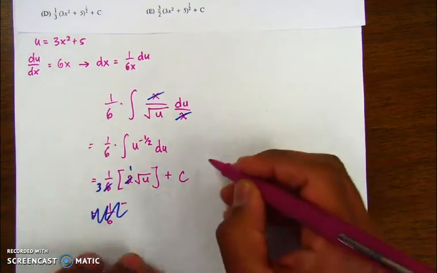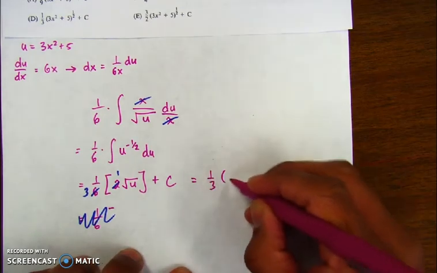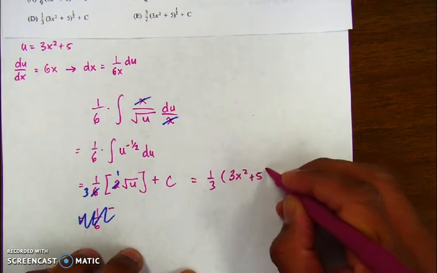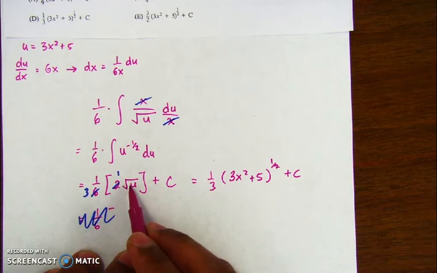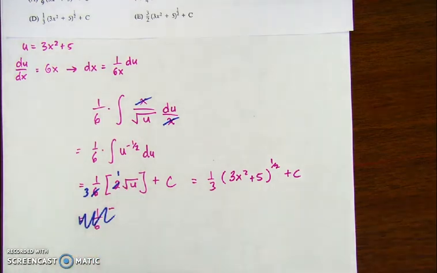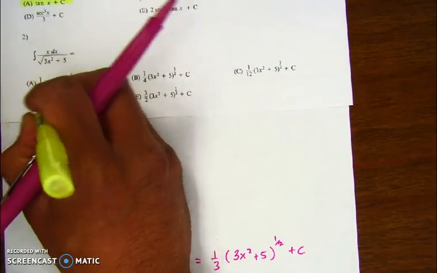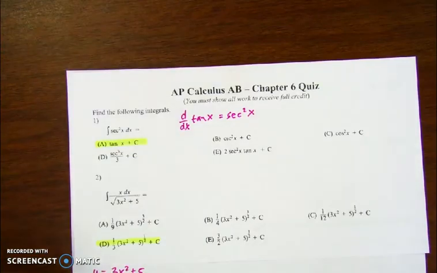So after you do all that, you get 1/3 times 3x squared plus 5 to the 1/2 plus c. The square root of 3x squared plus 5 is the same as 3x squared plus 5 to the 1/2. So D is your answer. Alright, so let's move on to problem number 3.